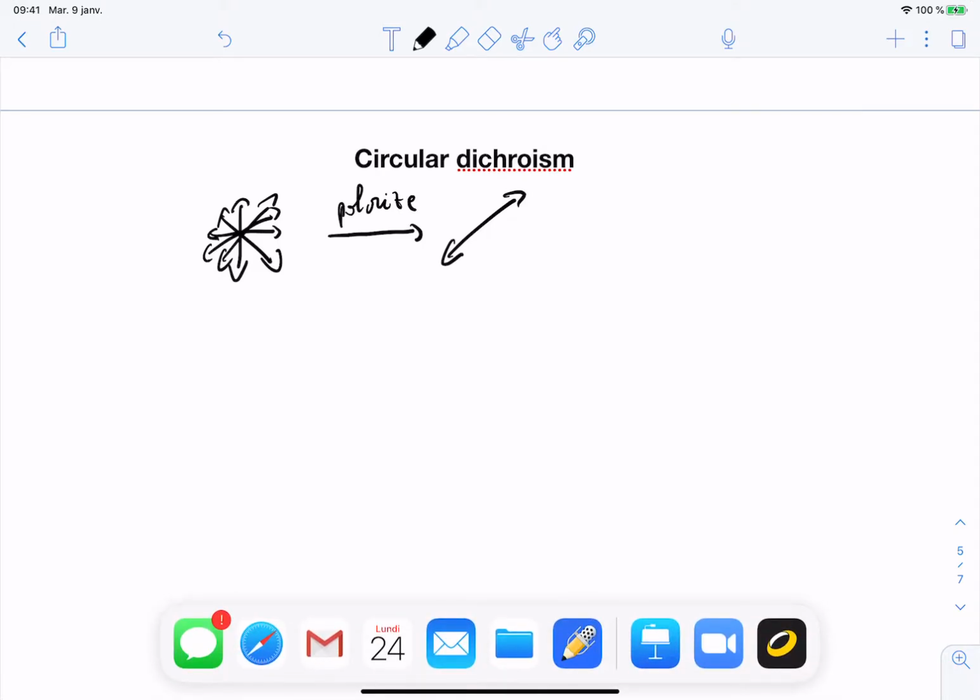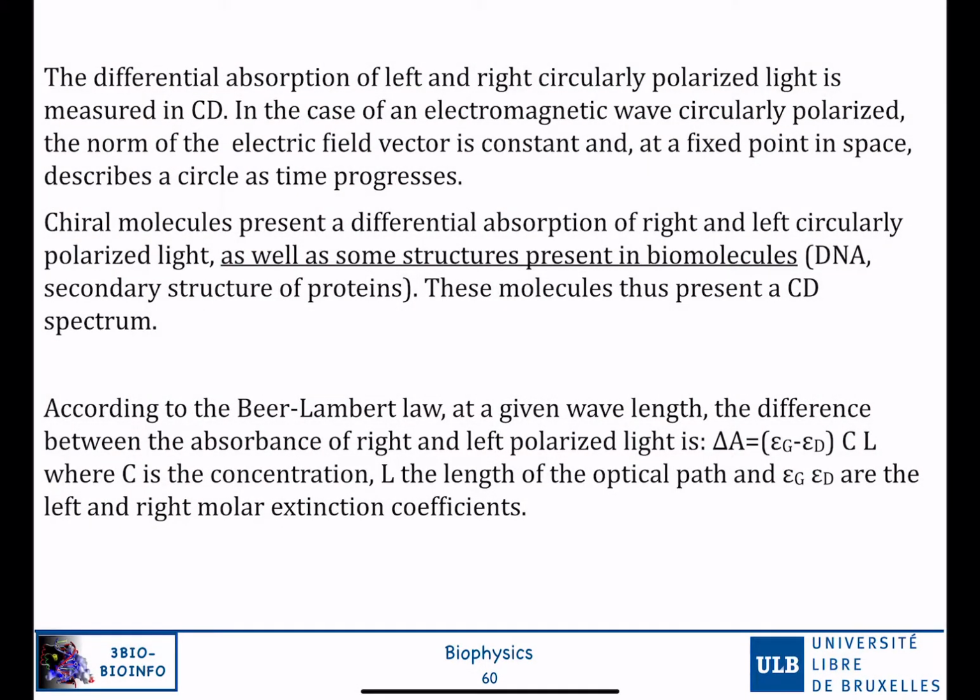Here, what we do in circular dichroism, in fact, we polarize circularly the light, and that means here that the norm of the electric field vector is constant, and at a fixed point in space it will describe a circle as time progresses.